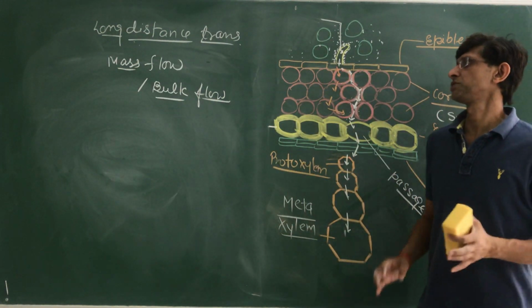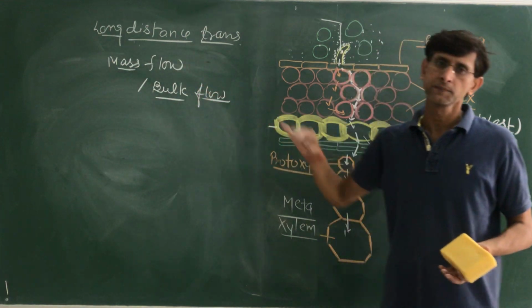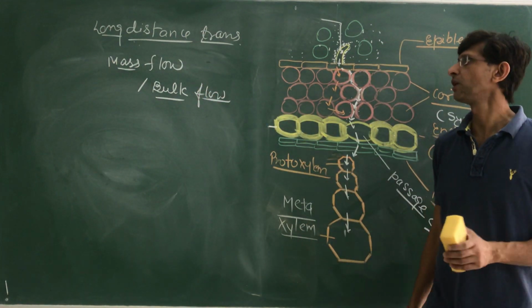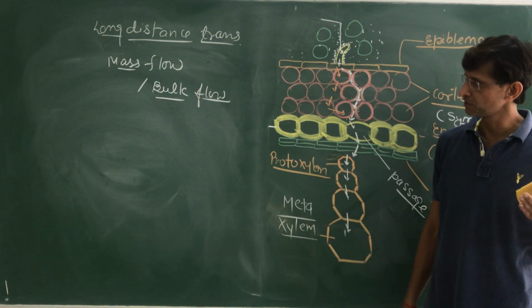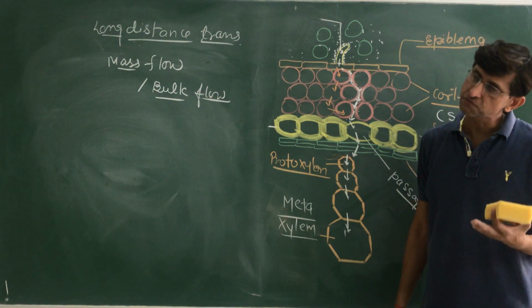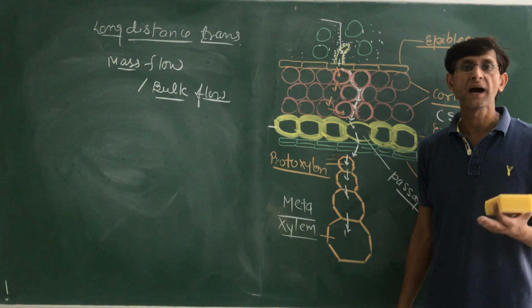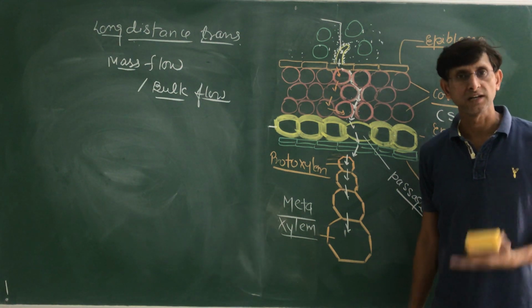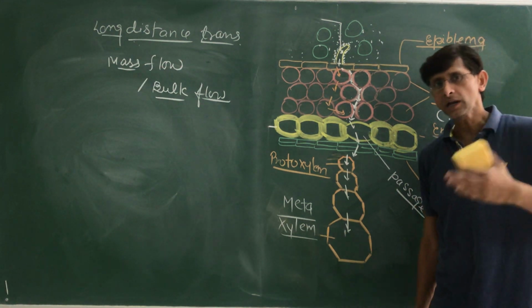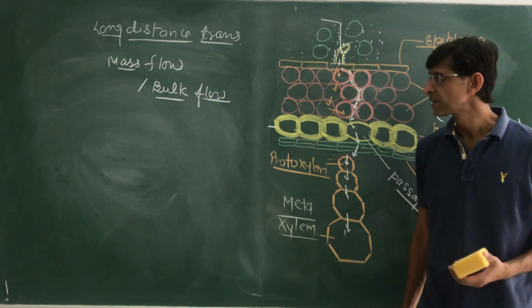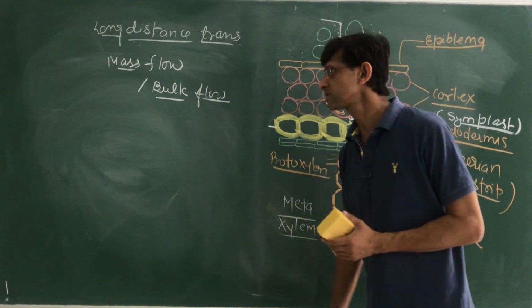That's why it is called mass flow or bulk flow. So long distance transport can also be known as mass flow and bulk flow, and this can be made possible by pressure gradients which can be positive or negative. Okay, so this is the introduction of long distance transport.